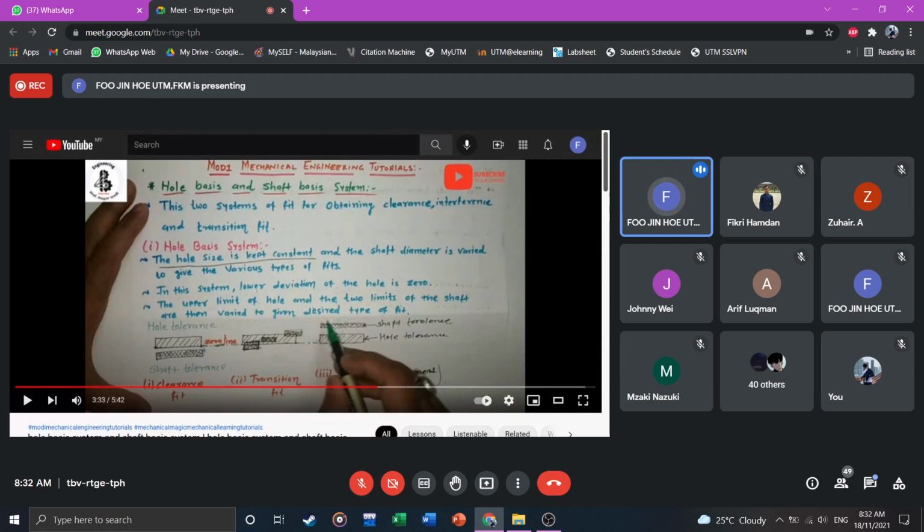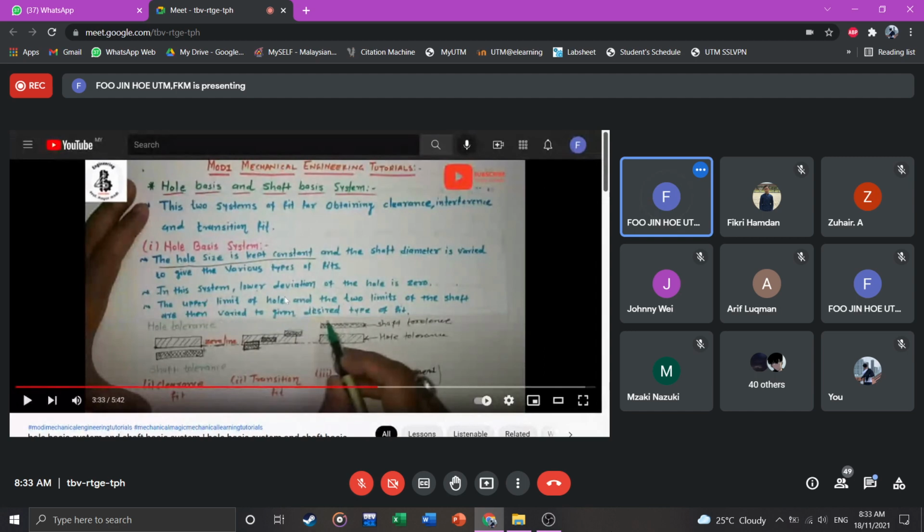It will remain a maximum of 50, and it will always be 50 or lesser. In the shaft-based system, we need to control that strictly so that the maximum size will be 50 only. Or if it's a hole-based system, the minimum of the hole will always be 50. We make the hole 50 or bigger, and in the shaft-based system, we make the shaft 50 or slightly below.